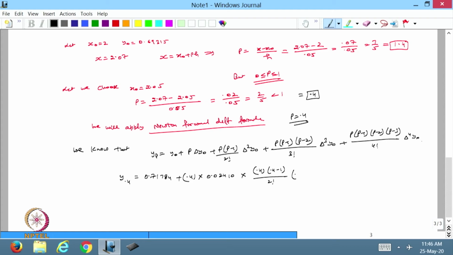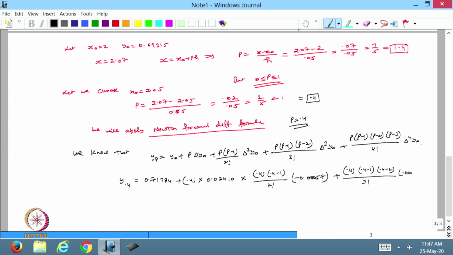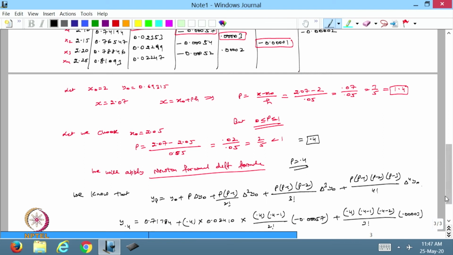So, the next difference will be minus 0.00057 plus 0.4, 0.4 minus 1, the next value will be 0.0003 and in the end I will get 0.4, the last value. So, it is coming negative.